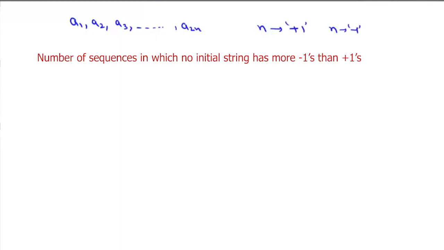Now we have to find the number of sequences in which no initial string of this sequence has more minus ones than plus ones. Now this number of sequences is given by Cn, which is your nth Catalan number.